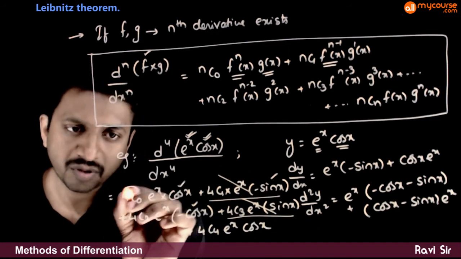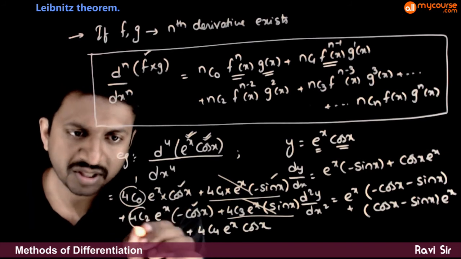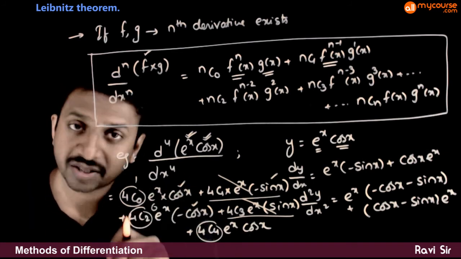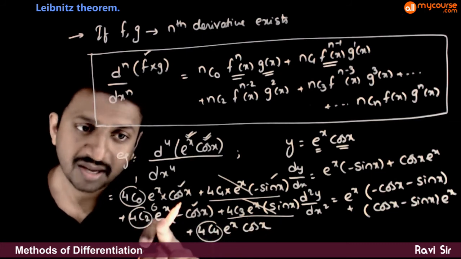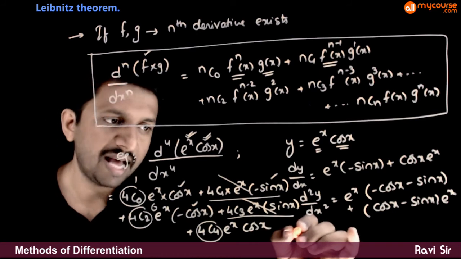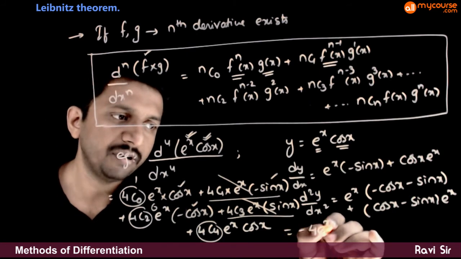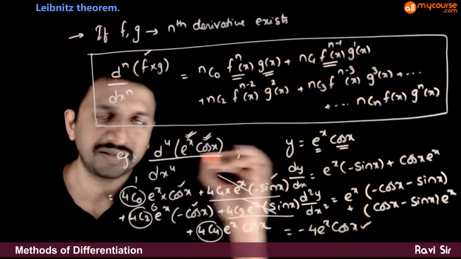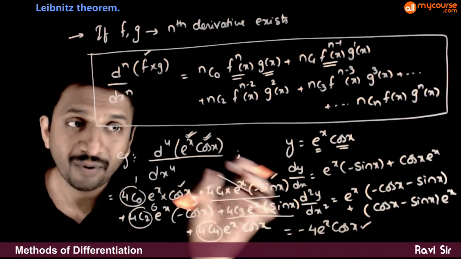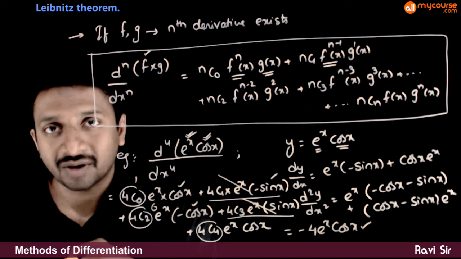What is left? 4C0 is 1, 4C2 is 6, 4C4 is 1. So e^x cos x minus 6 e^x cos x gives minus 4 e^x cos x. This is the fourth differentiation of e^x cos x.